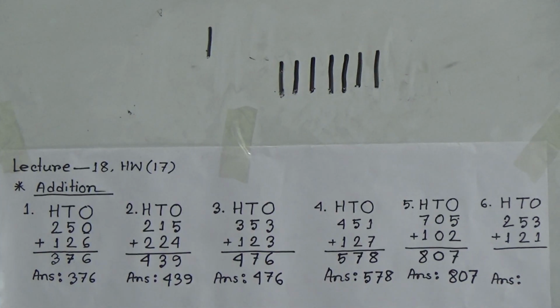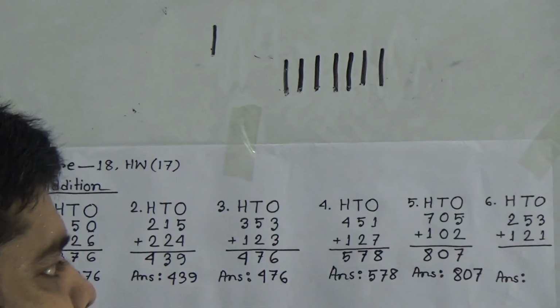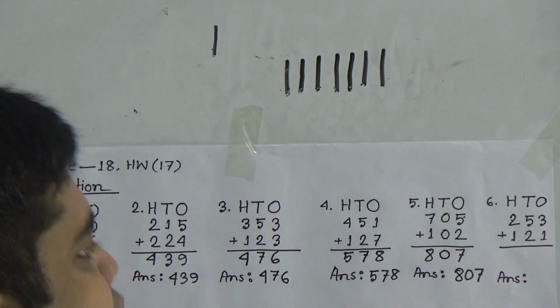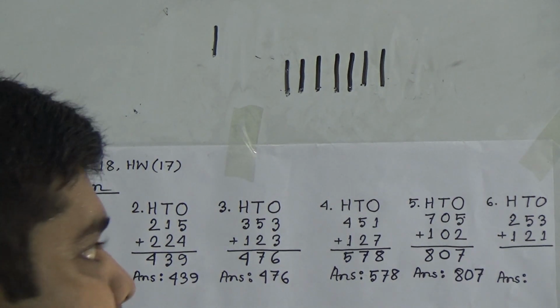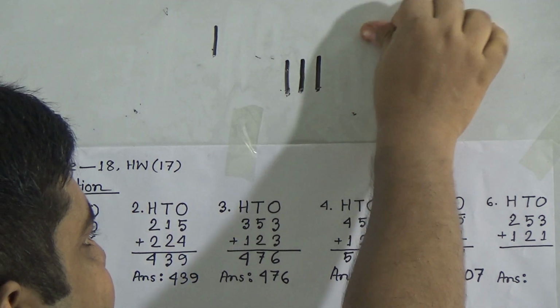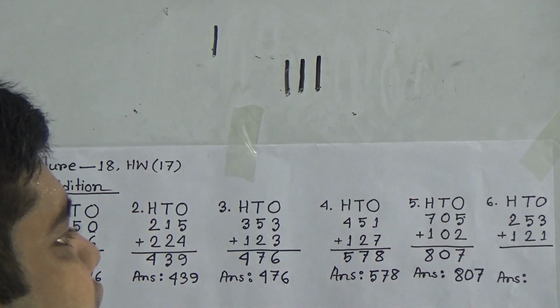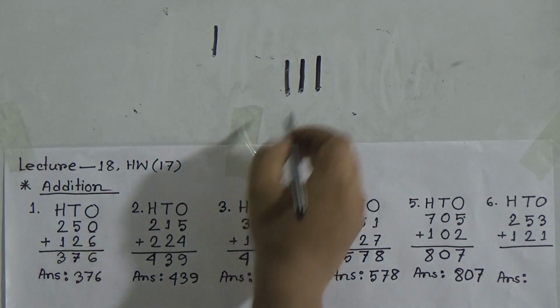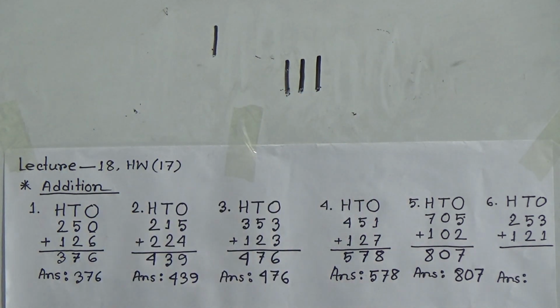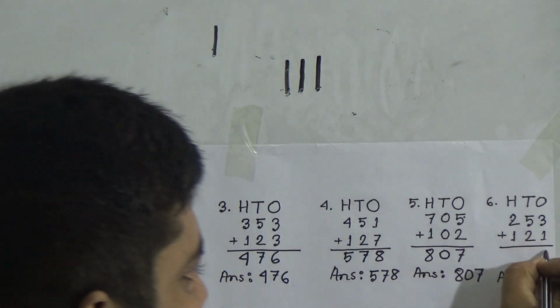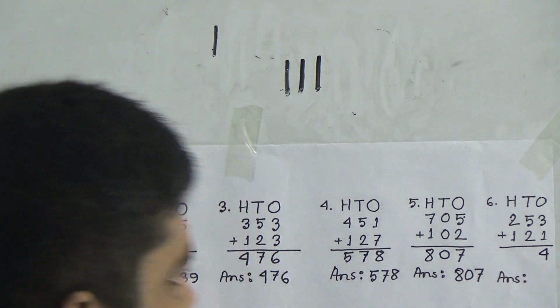And our last one, my dear student, notice here 3 plus 1. 3 means 3 sticks and 1 means 1 stick. Now we count: 1, 2, 3 and 4. So if we add 3 with 1, then we get 4. Okay.